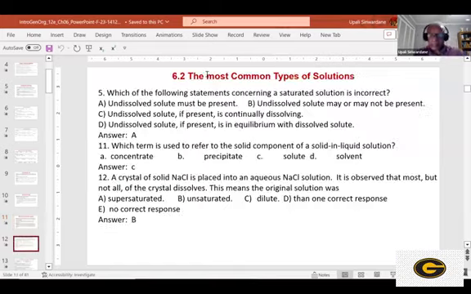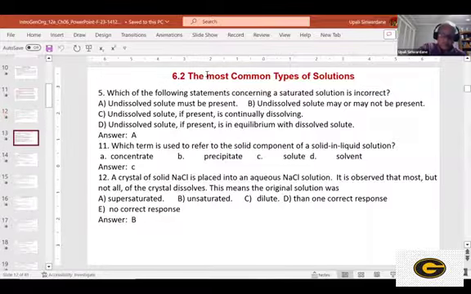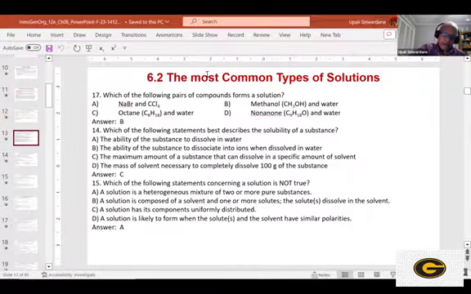There are questions about these, about type of solutions. You have to know which one will make solutions based on the idea like dissolves like and the intermolecular forces.